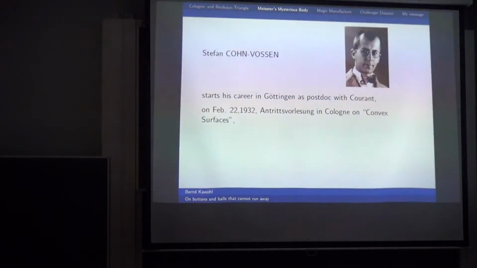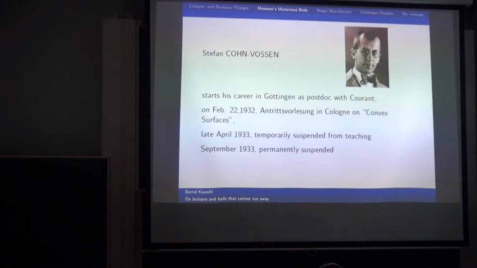Cohn-Vossen started his career in Göttingen as a postdoc with Courant. And then he had a position in Cologne University, where I am from. In 1932, he gave his first official lecture that was publicly announced, on convex surfaces. And then in April 1933, 6 weeks after the Nazis came to power, he was suspended from teaching because he was Jewish, and in September he was then permanently suspended.